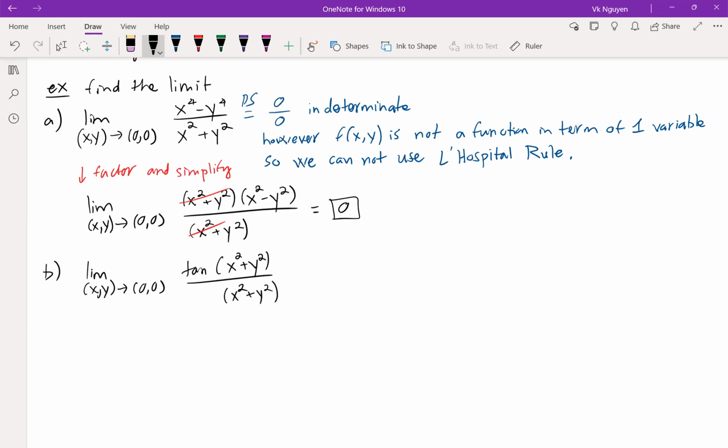Tangent is the, every time I write limit, it got to have this. So it takes a while here. Sine (x squared plus y squared) over cosine (x squared plus y squared), and then over here (x squared plus y squared).